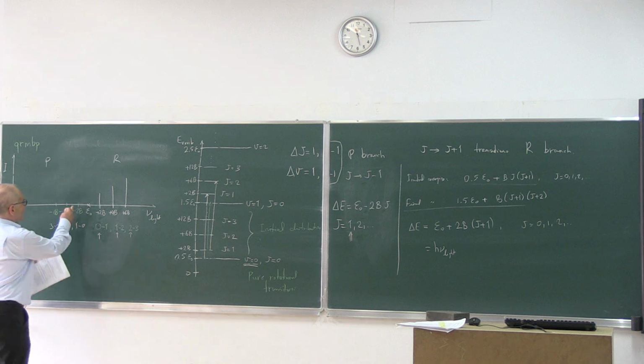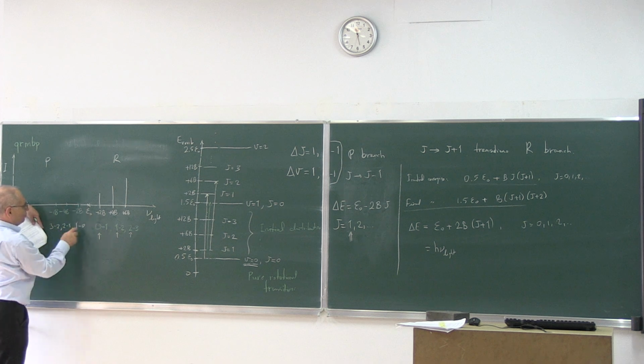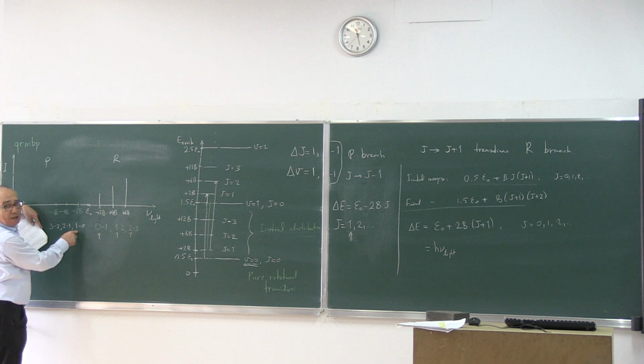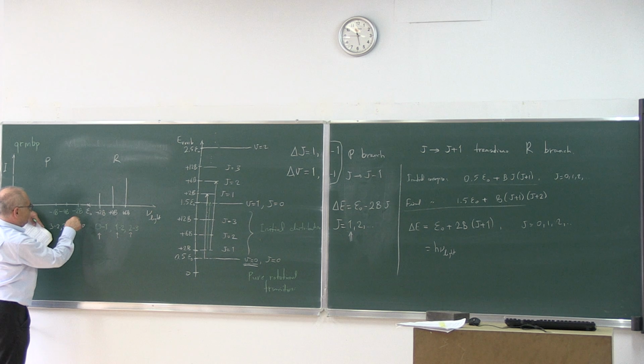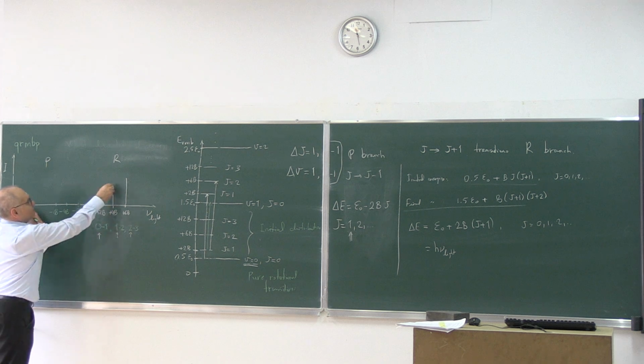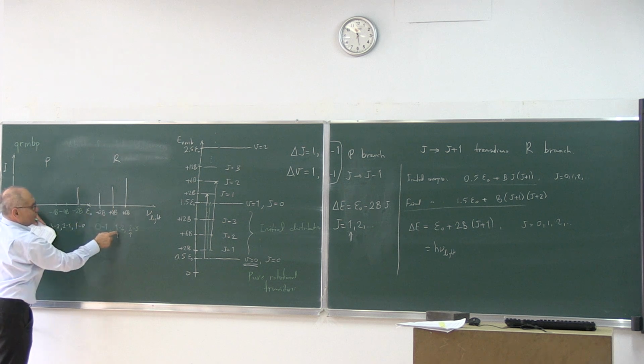Let us come to this side. Population of this level is also proportional to the initial level, but what is the initial J number? J is initial J, 1. Here it was also 1. So the intensity of this absorption is exactly the same as the intensity of that absorption. This height should be the same as this height, because initial populations are the same.